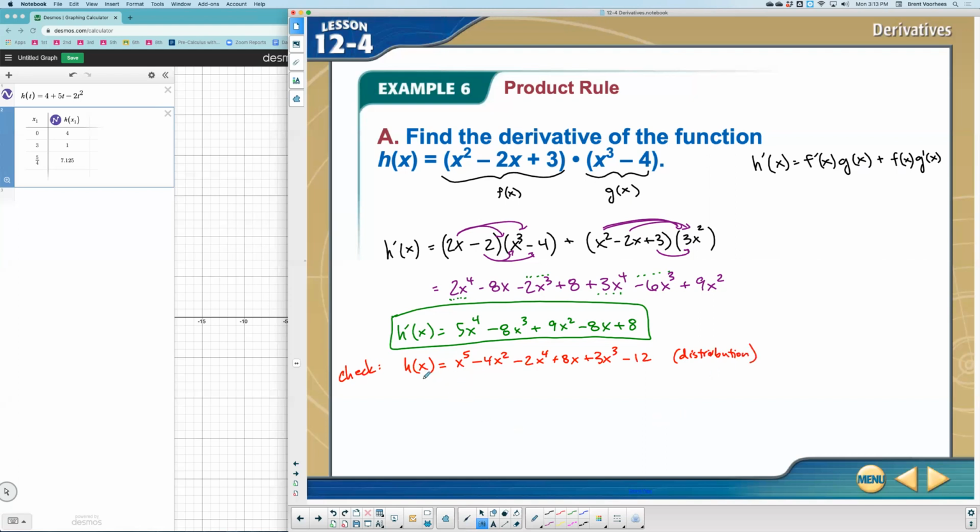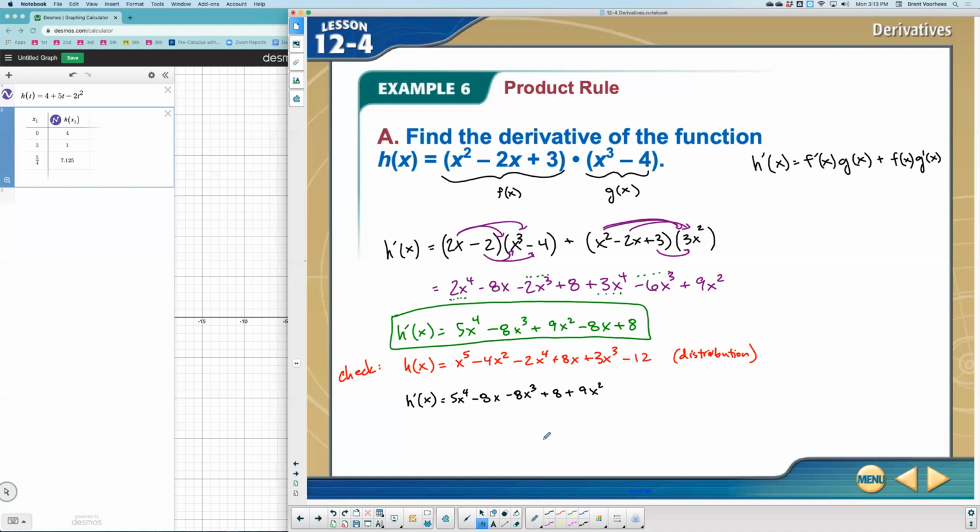All right, now if we took the derivative of this, I would have 5x to the 4th minus 8x cubed plus 9x squared minus 8x plus 8.